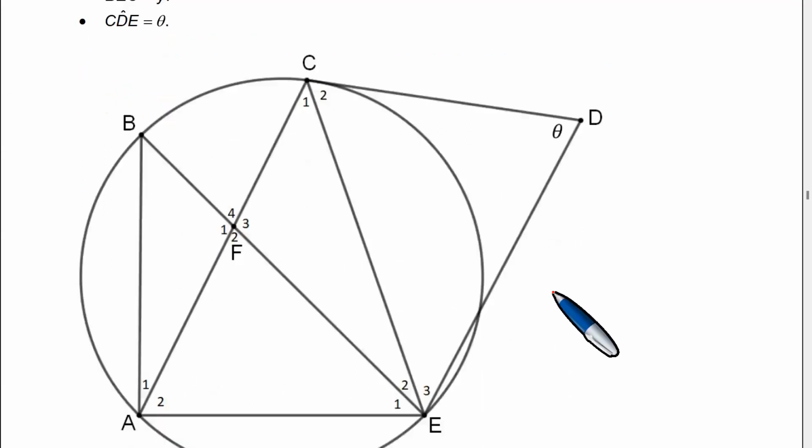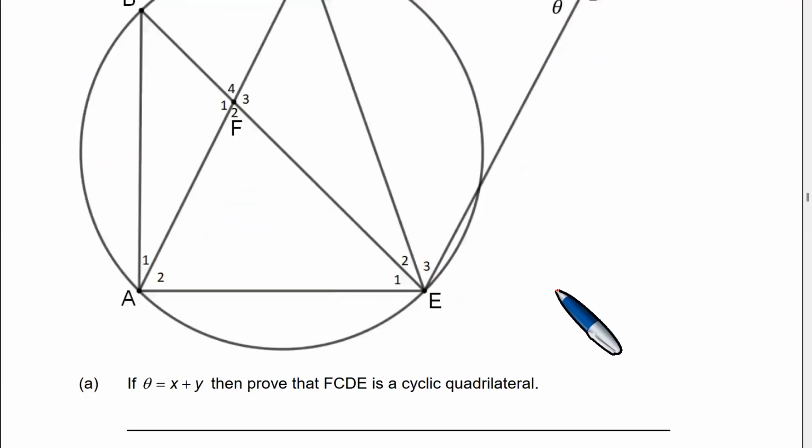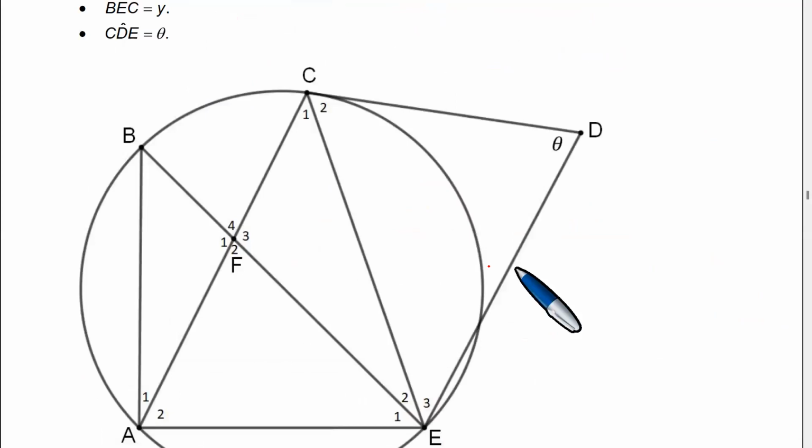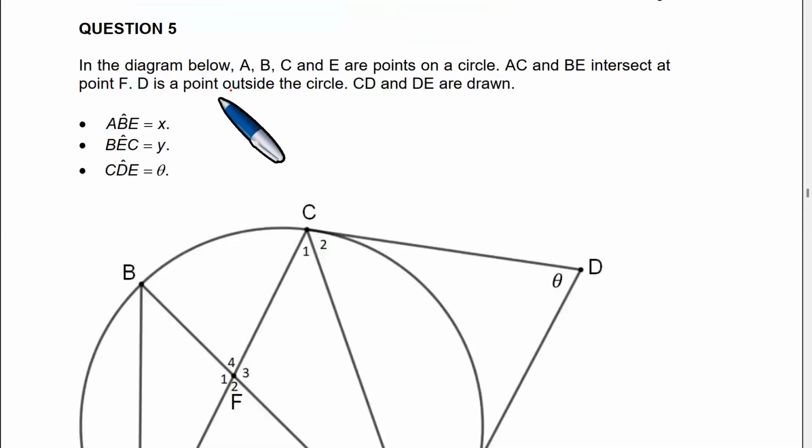Okay, we have another question that is very interesting. Let's just get the facts here about what is happening. In the diagram below, A, B, C, and E are points on a circle.